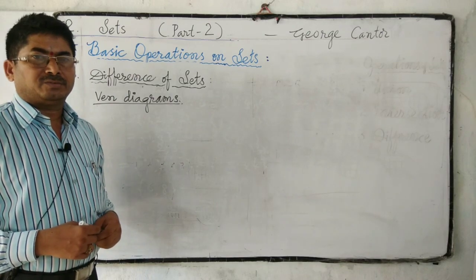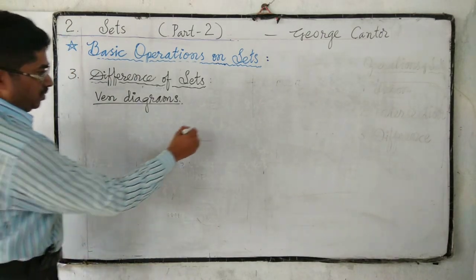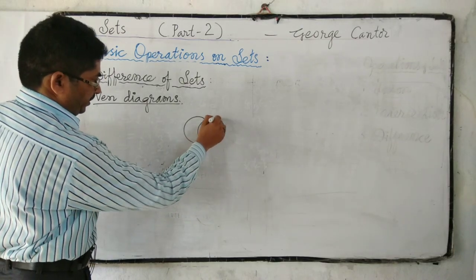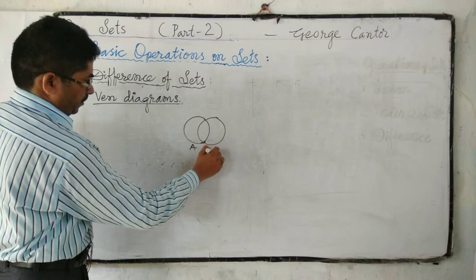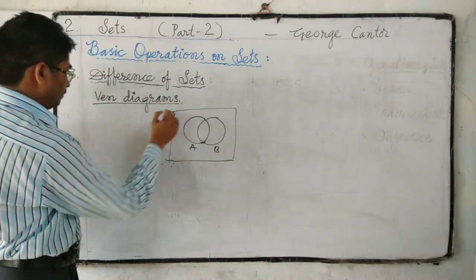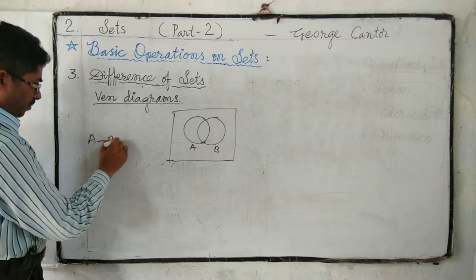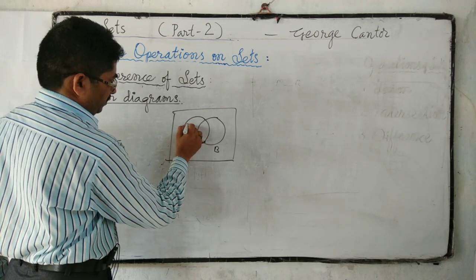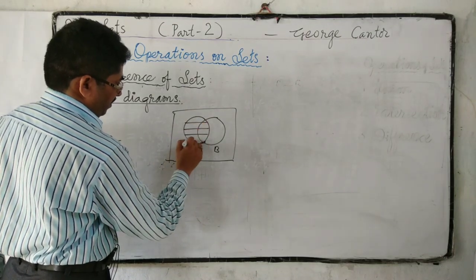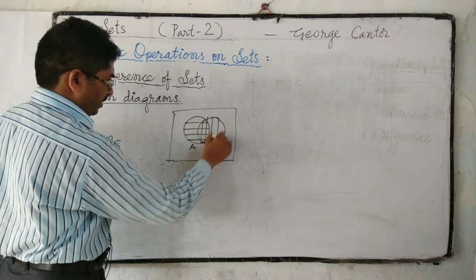Let's see Venn diagrams for different subsets. Here we have two intersecting sets, A and B. A minus B. This is A, I am drawing horizontally. B is vertically.